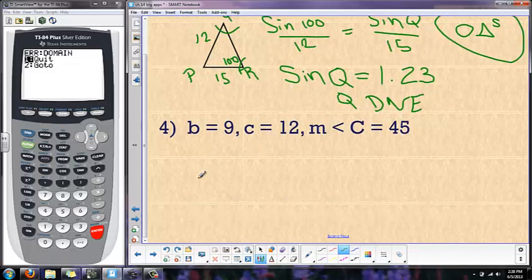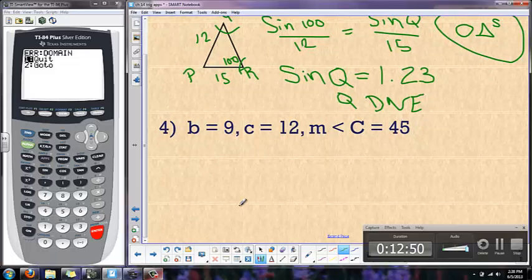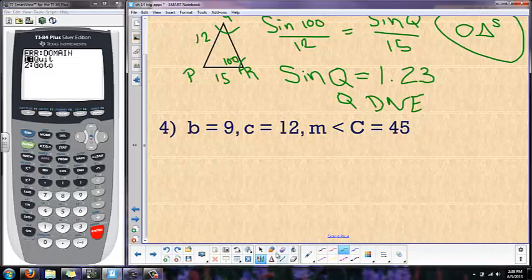Alright, and one more question really quick. So we have triangle ABC. B is 9, C is 12. Measure of angle C is 45.